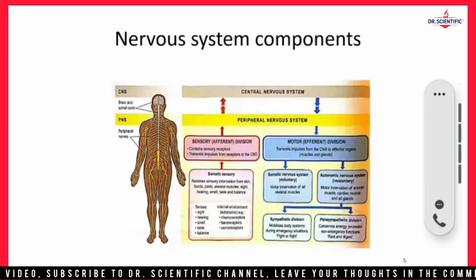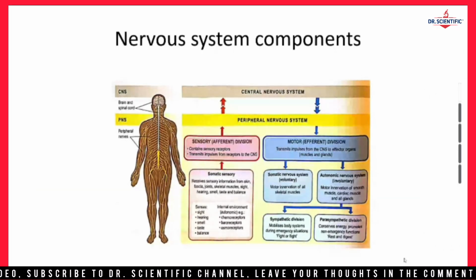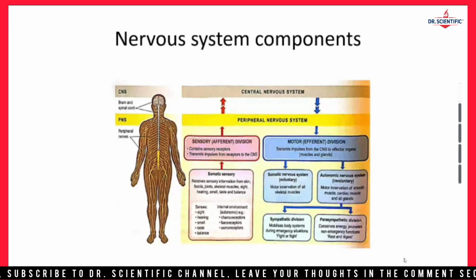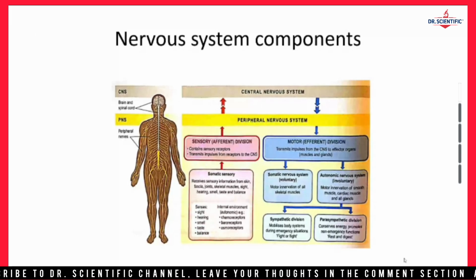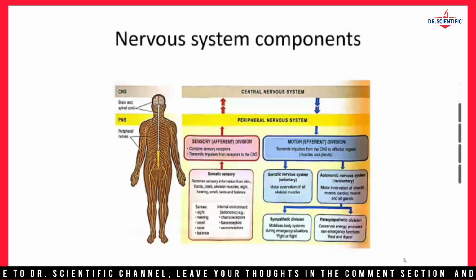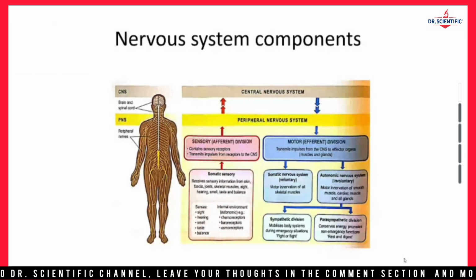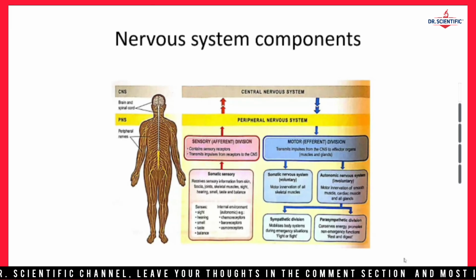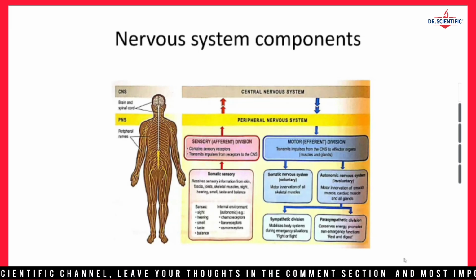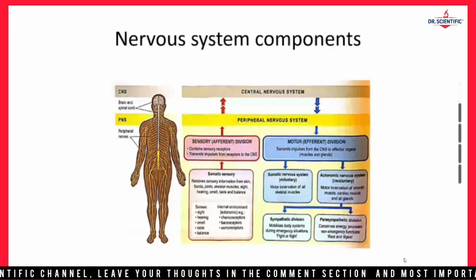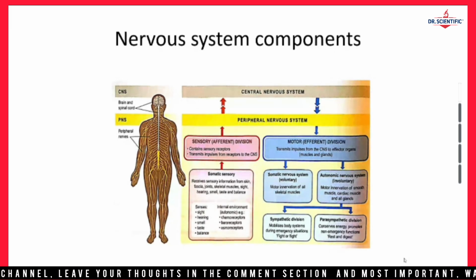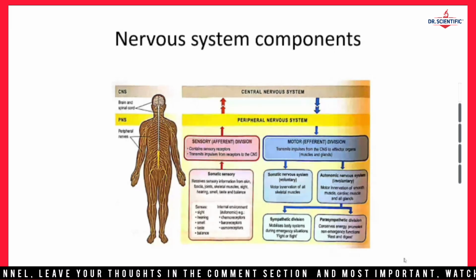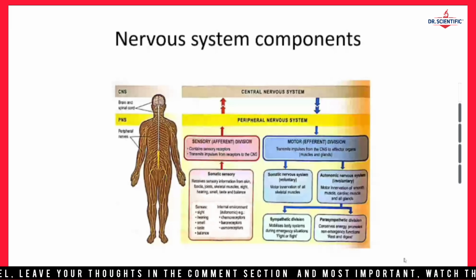It could be motor innervation of smooth muscle, cardiac muscle, and all glands, where we have the sympathetic division, which mobilizes the body system during emergency situations, the fight and flight. I think this one we did in Anatomy 1, in Anatomy 2. Then parasympathetic mostly conserves energy and promotes non-emergency functions, the rest and digest.